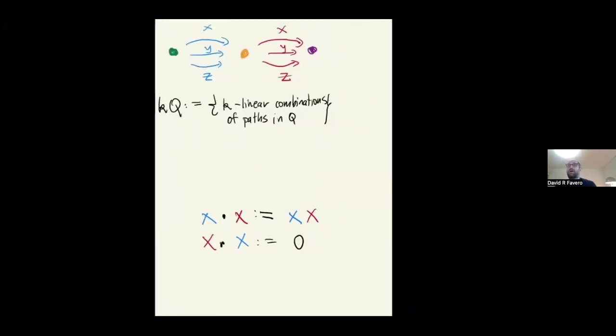And so, sorry, the next thing I want to do on KQ is define multiplication. So this is a ring under concatenation of paths.